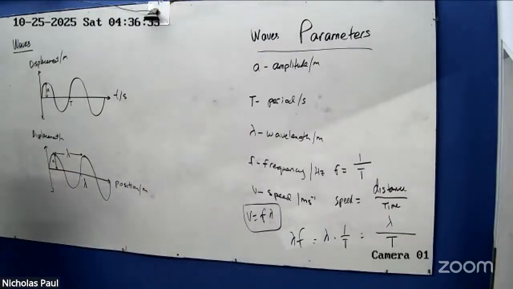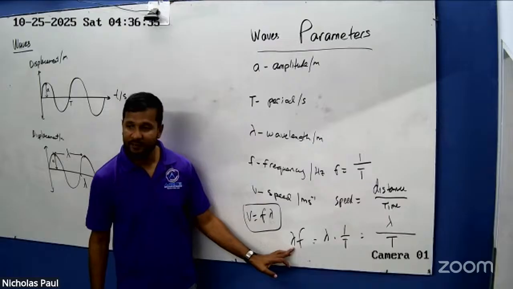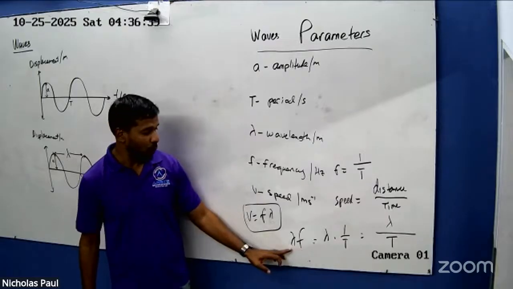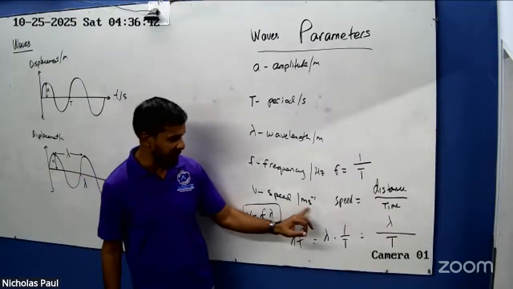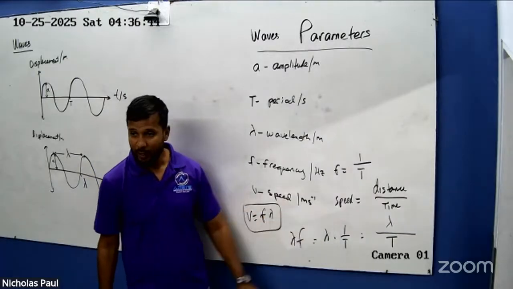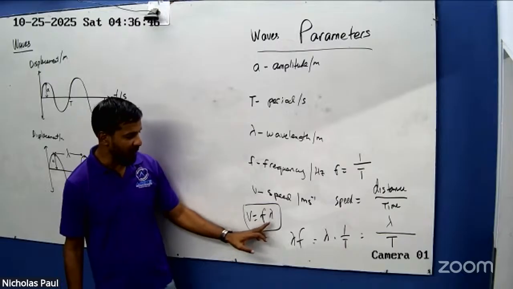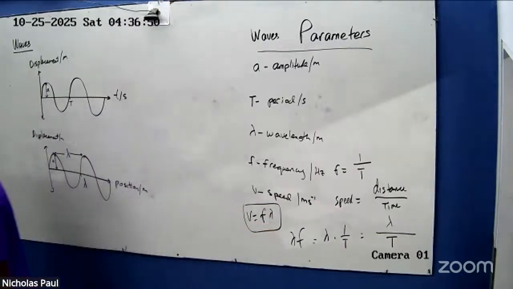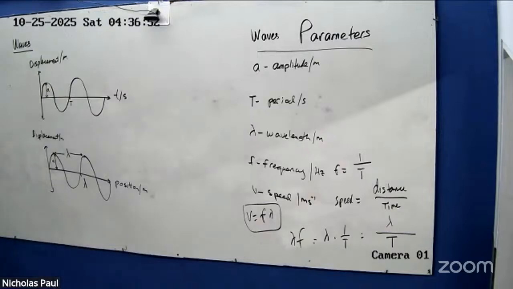So if I tell you how long a wave is, and we know how many cycles in a second, we can work out the speed, which is in meters per second. So speed of a wave is the frequency times wavelength.